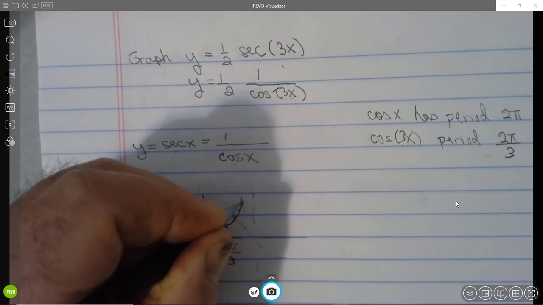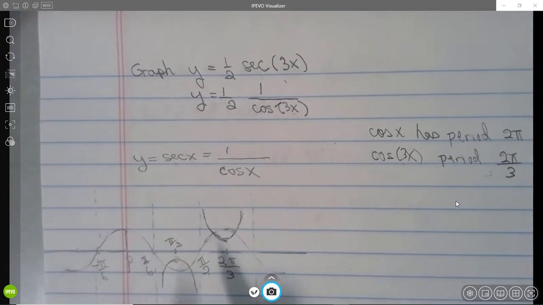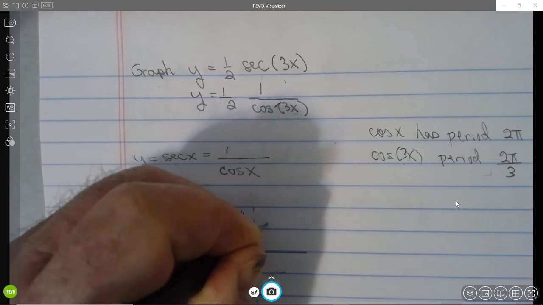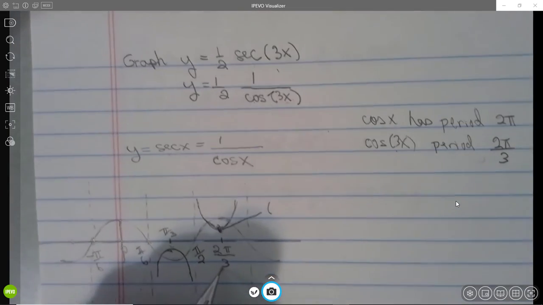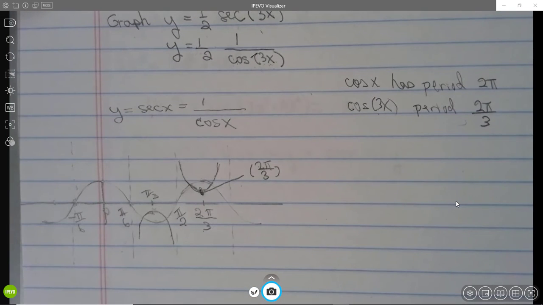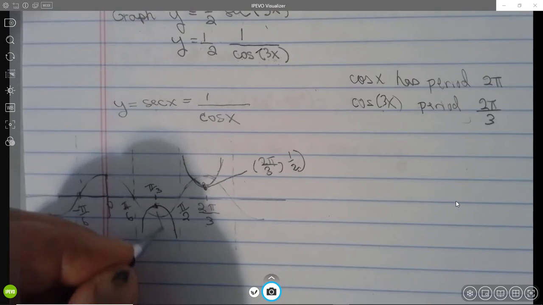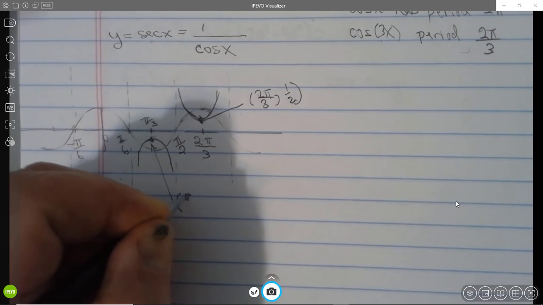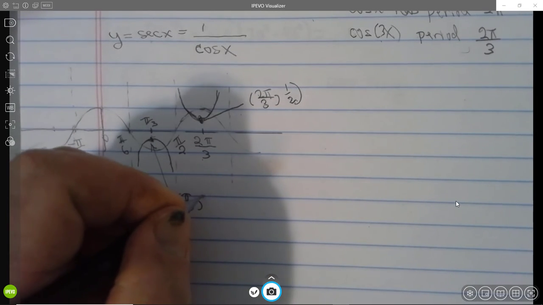And if it were not for the 1/2 here, then this would have a height of 1, this would have a height of minus 1, but everything's been halved. So this is at 1/2. So the coordinates of that point right there are 2 pi over 3, and then the height is 1/2. The coordinates of that point right there, the x-coordinate is pi over 3, and the y-coordinate is minus 1/2.